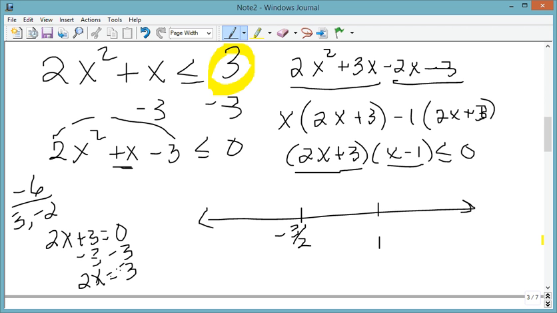Okay, anyway, now we're going to check the different intervals. And you notice that this was a less than or equal to, so we are going to use the endpoints, both of them. So first I'll check this first interval. Let's pick a number less than -3/2.